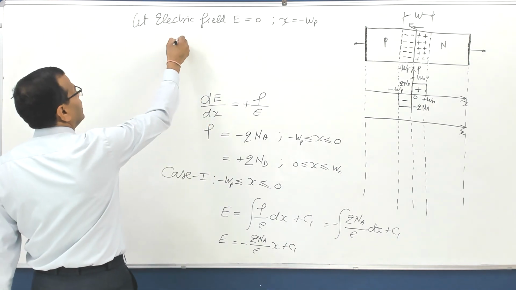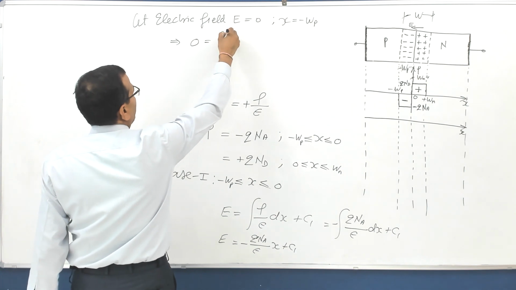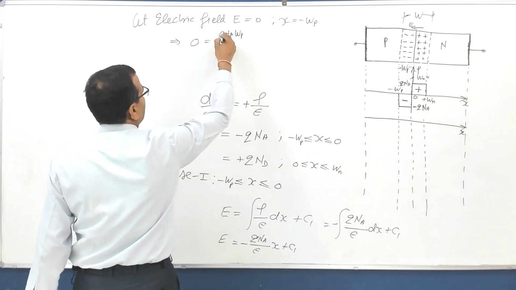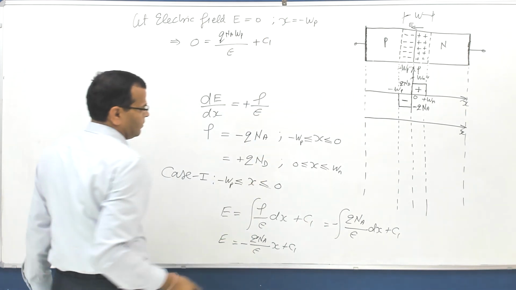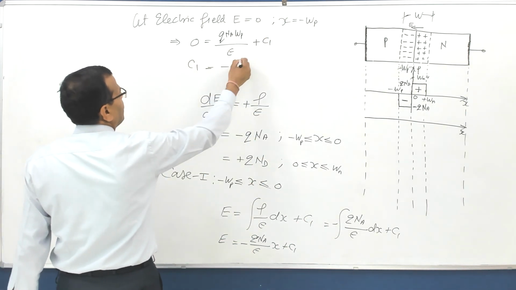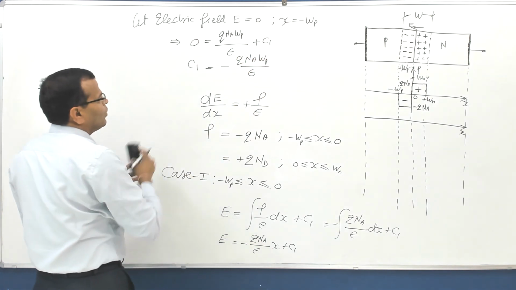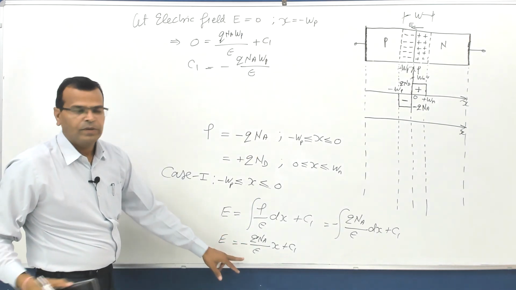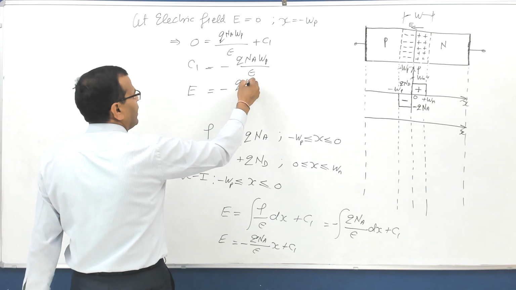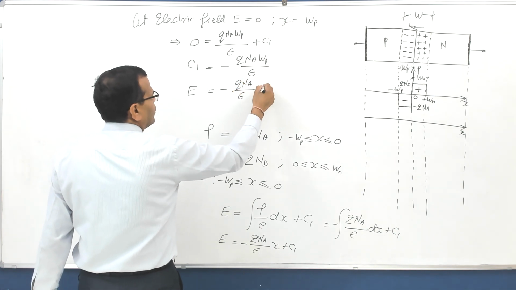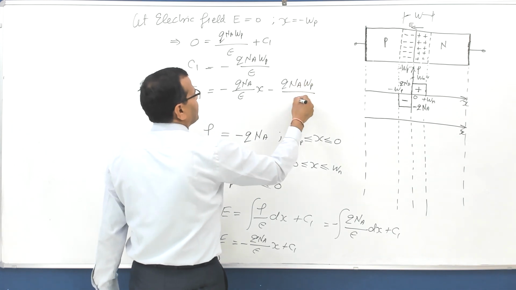So this gives 0 equal to, now you put minus Wp, Q N A Wp divided by epsilon plus C1, or C1 is equal to minus Q N A Wp by epsilon. So you can put this in this equation. So what do we get? E is equal to minus Q N A by epsilon into x minus Q N A Wp by epsilon.